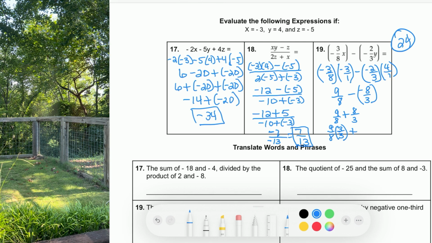And then 8/3 times 8/8 would give us 24 in that denominator. So 9 times 3 is 27. 8 times 3 is 24. 8 times 8 is 64. And then 3 times 8 is 24. Add those together and we get 91/24. And that's our answer.